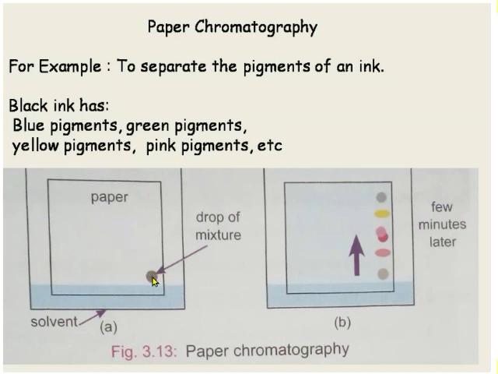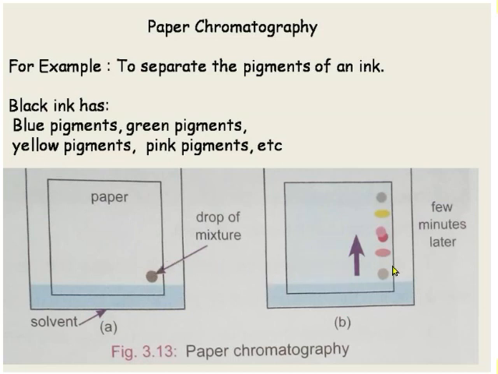So, the pigments which are more soluble with the solvent will also move along with the solvent because of the capillary action. But the pigments which are not so soluble with the solvent will not go along with the solvent and will be adsorbed on the paper in the lower portion.